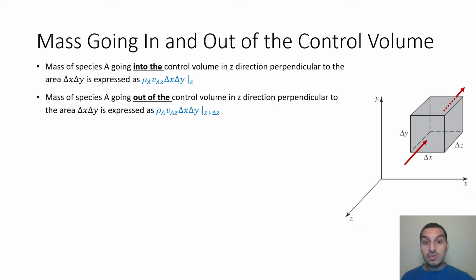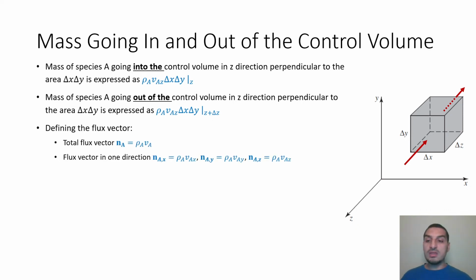But we say that this is at Z plus delta Z. And as we said, rho multiplied by V is NA, and here we put it as NA, not JA, but both are fluxes. We said before that the flux can be J or can be N, and we said the difference. The difference is that N is the flux relative to a constant point in space, a stationary axis, but J is the flux relative to the average velocity.